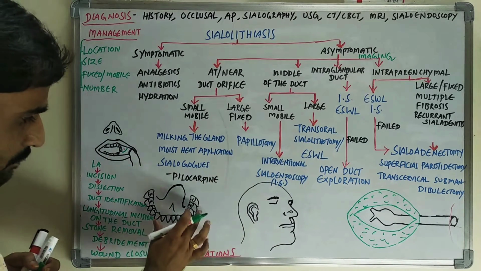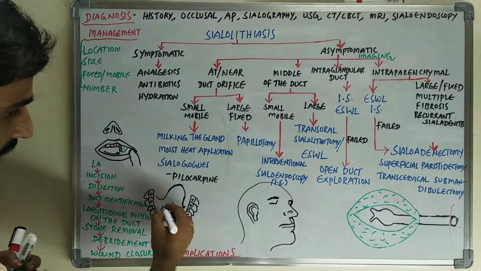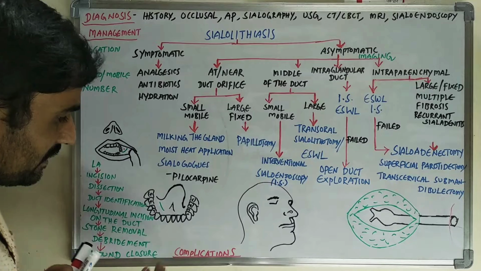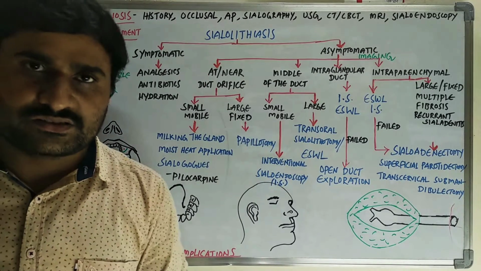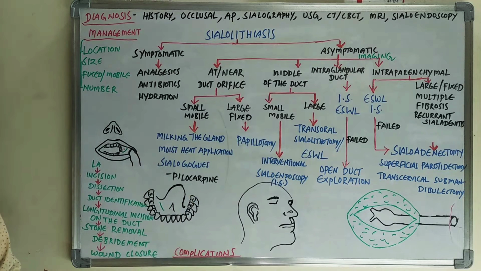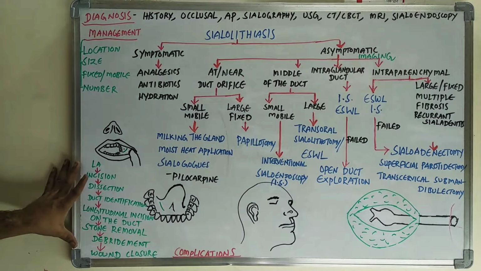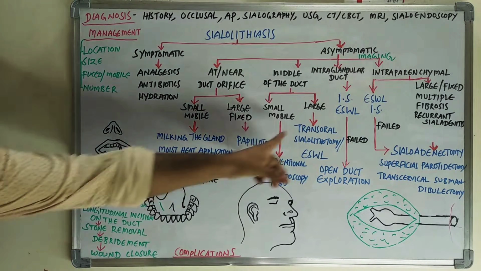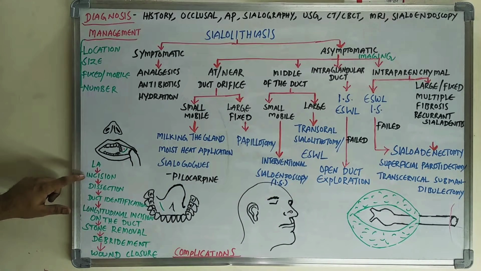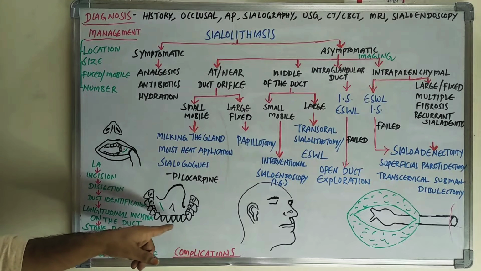In the case of the submandibular duct, you can make an incision in the floor of the mouth parallel to the submandibular duct. So this is about the incision. You can see the step-by-step procedure of transoral sialolithotomy. You should do it under local anesthesia. Give the incision as I described just now.